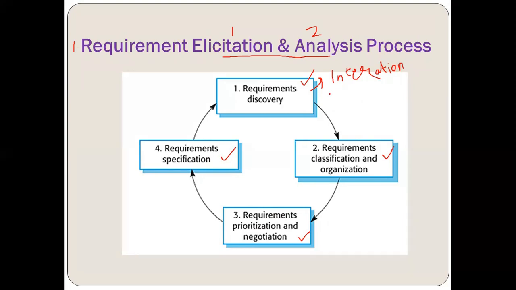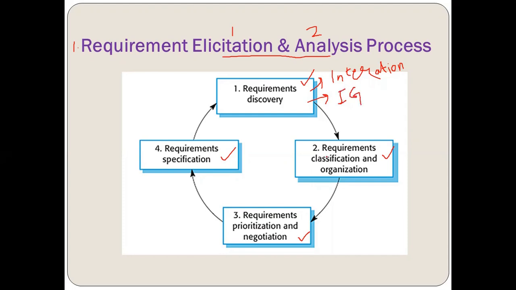Those are such as interview, questionnaires, survey, prototyping, etc. We will see them in the next slide, the tools and techniques used for gathering the information. So basically, we are going to perform two steps. First is interaction, and second one is information gathering.